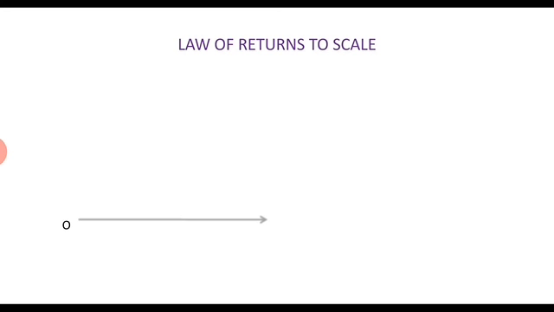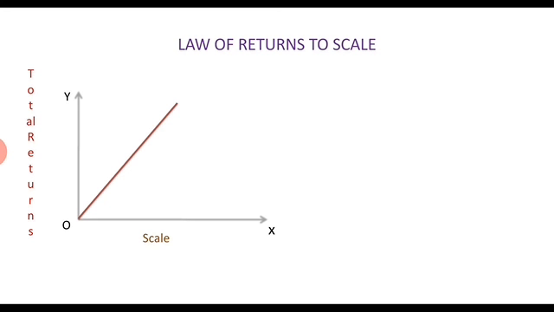Law of returns to scale is explained through diagrams. In diagram A, scale is shown on the x-axis. Total returns are shown on the y-axis.